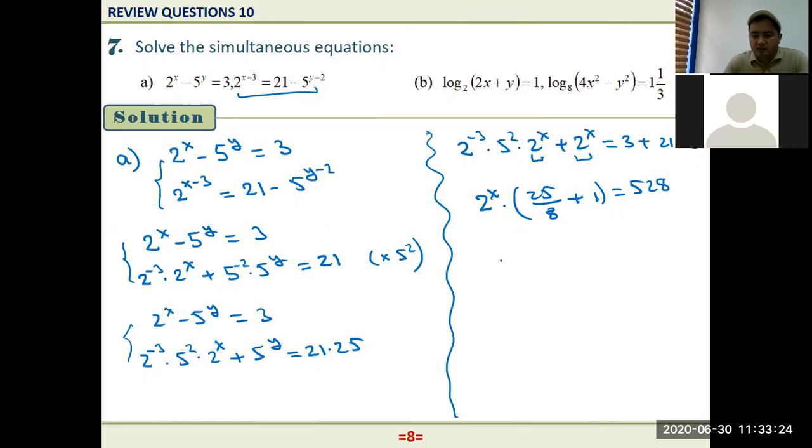Now, if you're using a calculator, I can just write it as 2 to the power x equals 528 over 25 over 8 plus 1, which is equal to 128, right? That means 2 to the power x equals 2 to the power 7. So x equals 7.